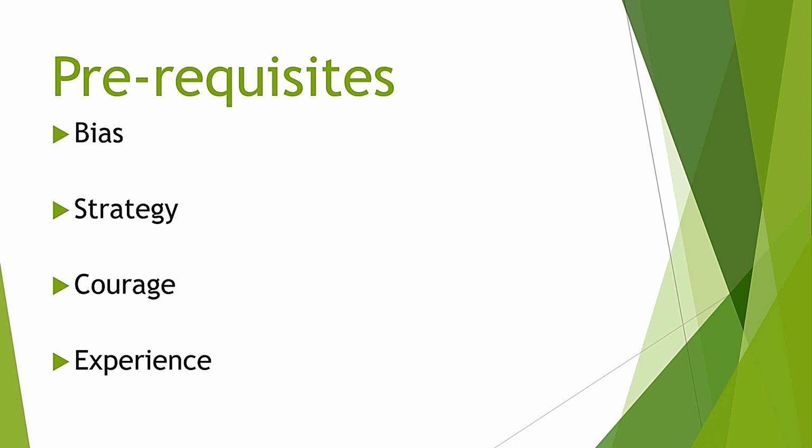And third thing we need is courage to take a trade and courage to accept the loss. Fourth thing we need is experience. We can get bias and strategy from others, but courage and experience cannot be transferred. These two are most important factors for being successful.